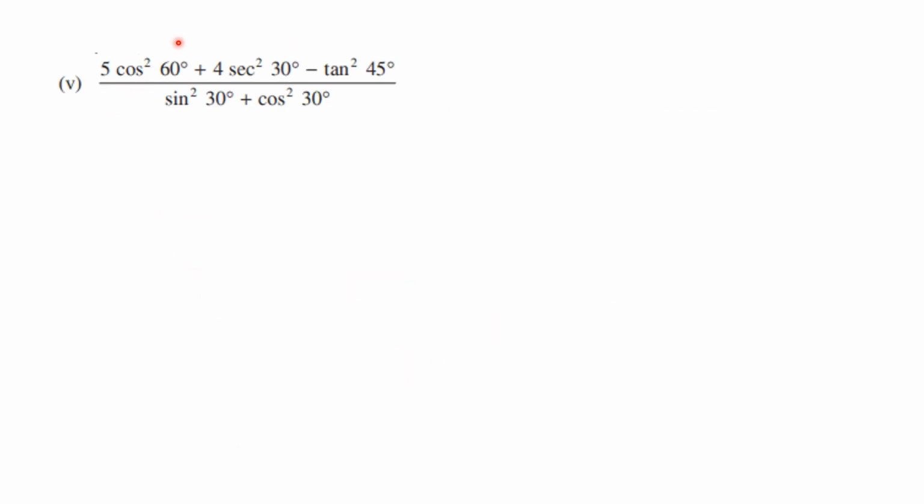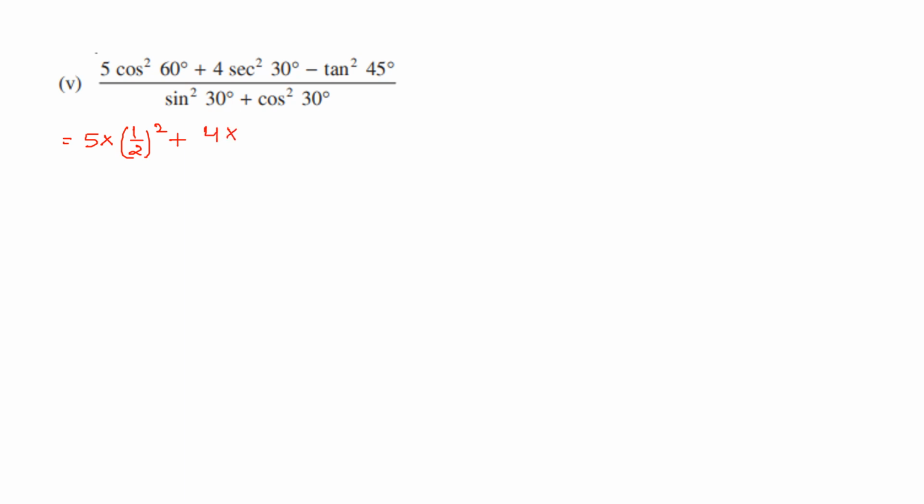So here it is 5 cos square 60 degree plus 4 sec square 30 degree minus tan square 45 degree, divided by sin square 30 degree plus cos square 30 degree. Okay, so let's put all the values. So cos 60 degree, we know it is 1 by 2. So 5 into cos square, it is 1 by 2 whole square, plus 4. Okay.